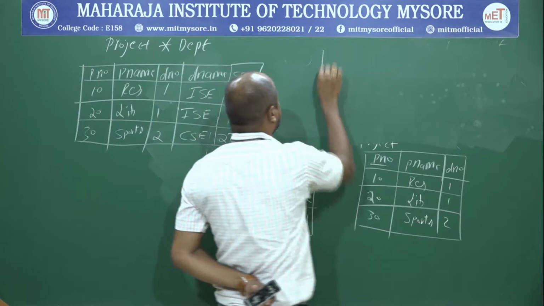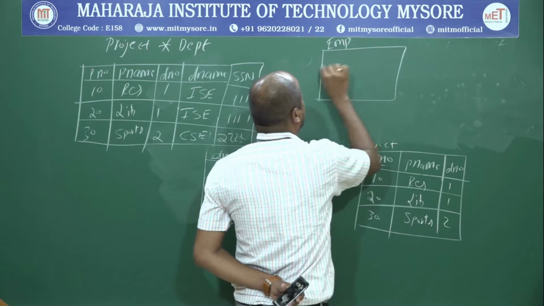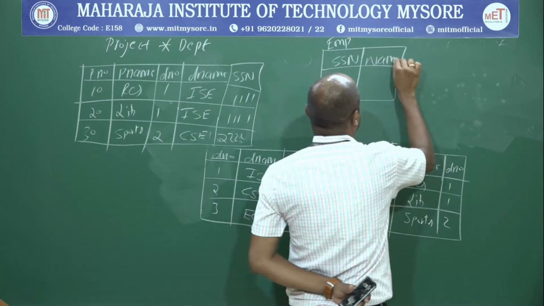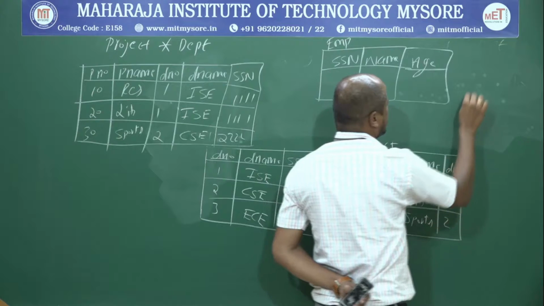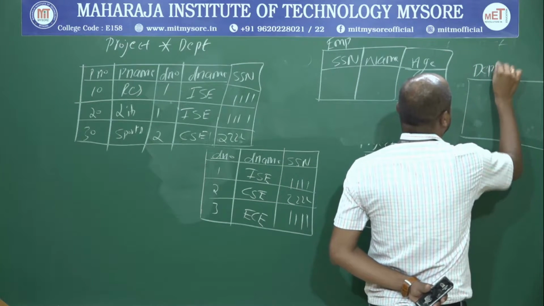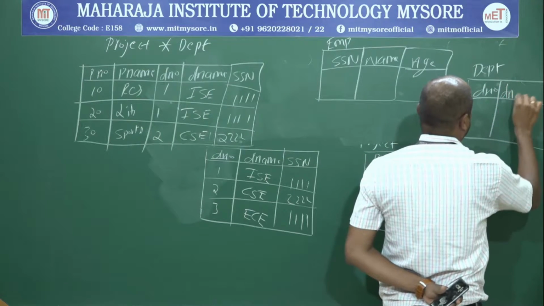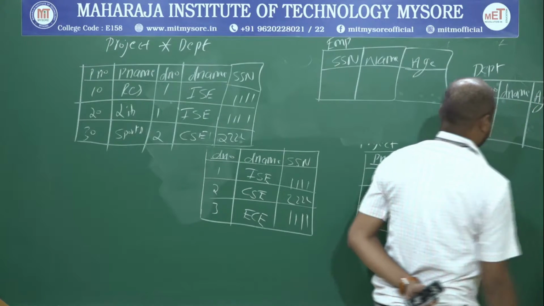So if I consider employee, so employee comes with the SSN, name, and age. So department comes with D number, D name, age, right?